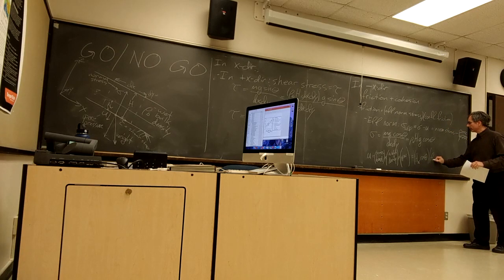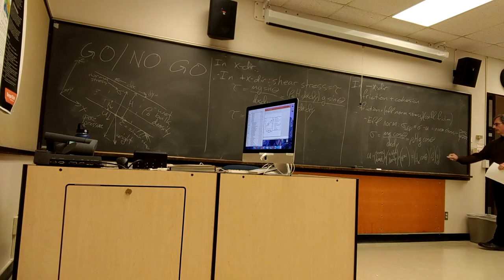Water density, rho W, gravity, okay. And so let me just rewrite that like the rest of the stuff. Okay, so at least it's looking a little bit convenient or familiar in the sense that it mimics the form of the normal stress.